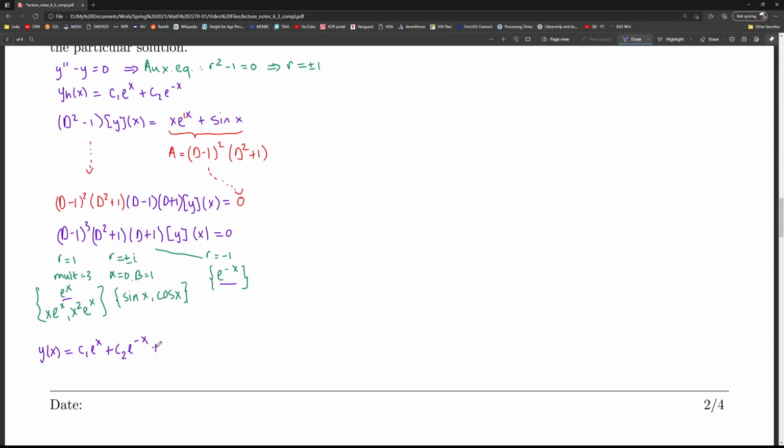And then we also have plus c3 x e to the power x, that's this one right here, plus c4 x squared e to the power x, and then plus c5 sine of x, and then plus c6 cosine of x. You can flip those around.